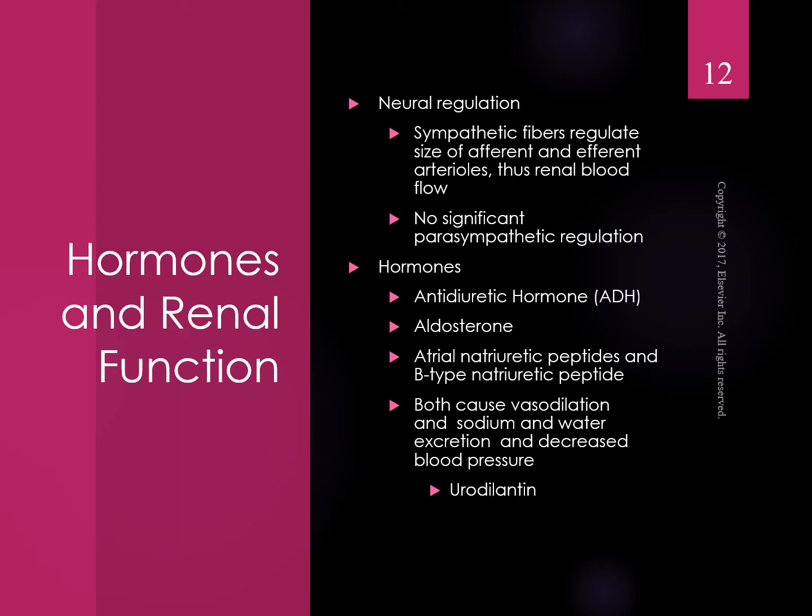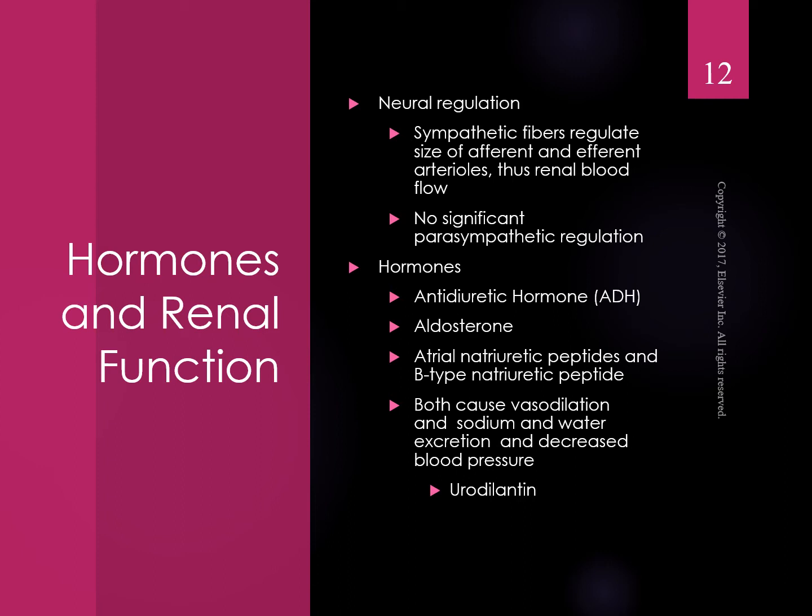So when we're talking about the neural regulation, we have the sympathetic fibers that regulate the size of the afferent and efferent arterioles. And there is no significant parasympathetic regulation, like we just talked about. When we're talking about the hormones, an increase in antidiuretic hormone causes the collecting ducts and the distal convoluted tubules to become permeable to water.